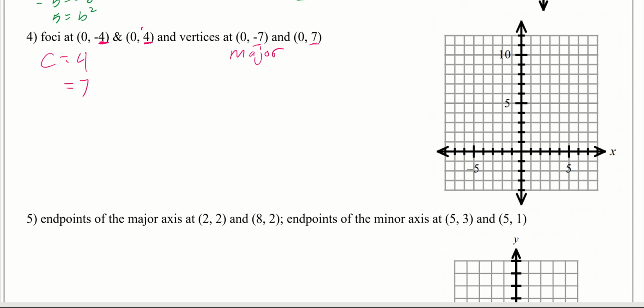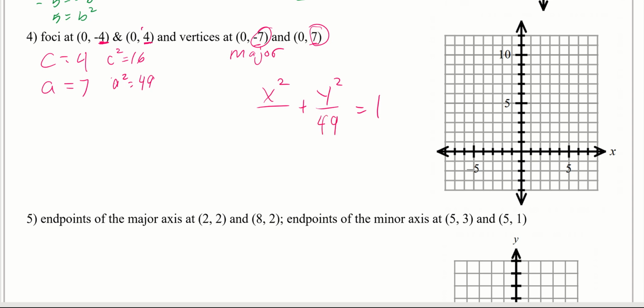And so if I want, I can call this A. So I want C squared, which is 16, A squared, which is 49. Now, if I have something like x squared over something, y squared over something is equal to 1, this time we know that our y is our major axis, so we know this is going to be 49.